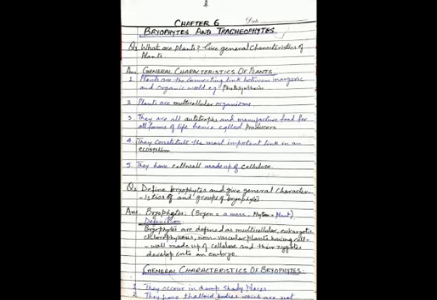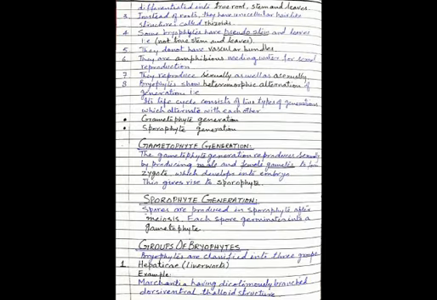Now write the main heading of general characteristics of bryophytes. Now write in points. The first point is they occur in damp, shady places. Second point, they have thalloid bodies which are not differentiated into true roots, stem and leaves.